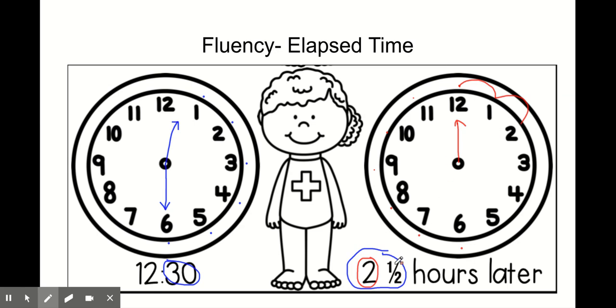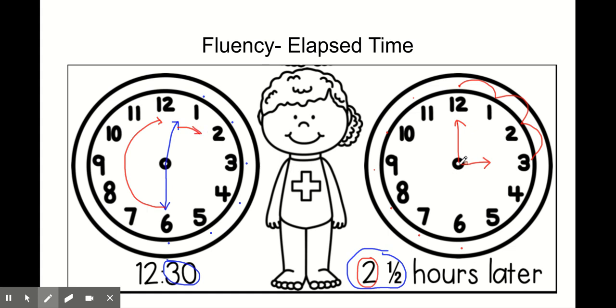But remember, we added that half, so it actually goes all the way to the 3. Remember that because we moved our minute hand up to the 12, our hour hand has moved to the next hour.